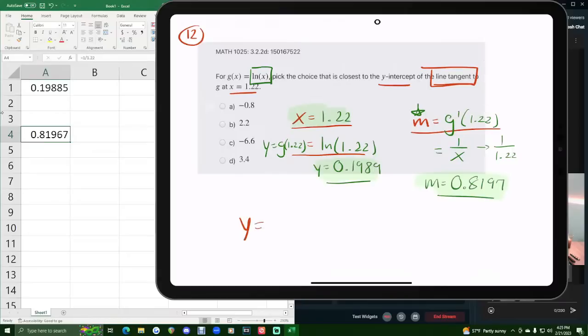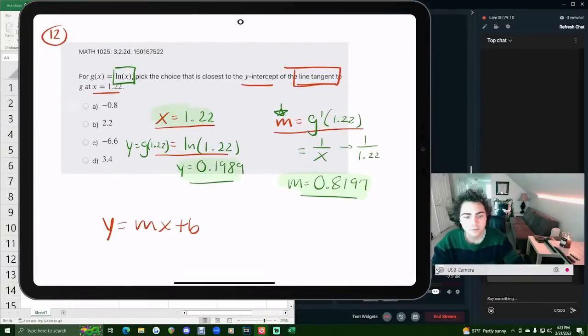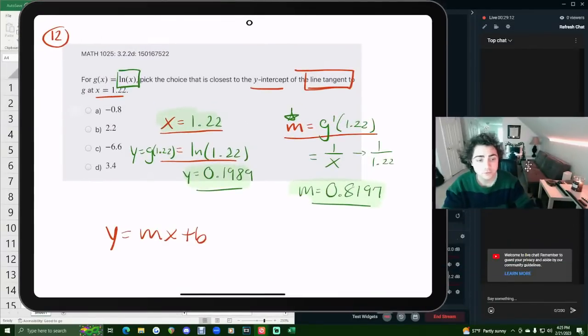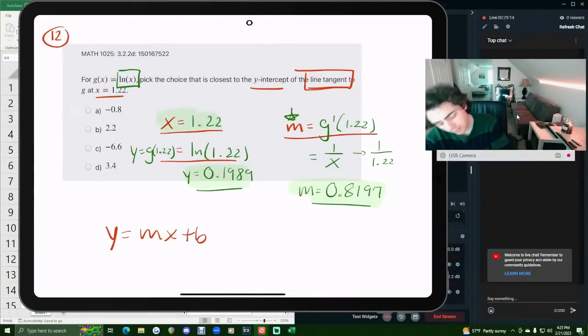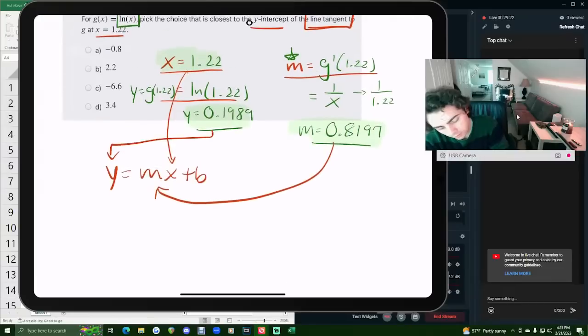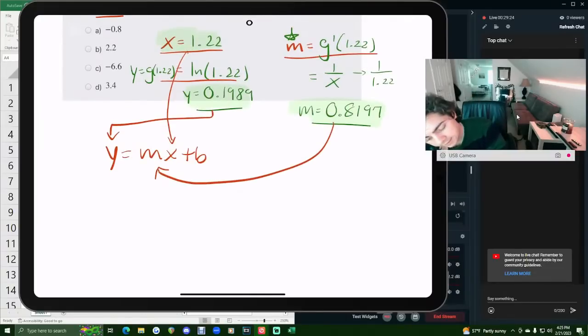So a tangent line, any line really, has the equation y equals mx plus b. And if we think about it, if we have three of those values, if we have a y, we have an x, and we have an m, we can plug all three of those values in and solve for b.